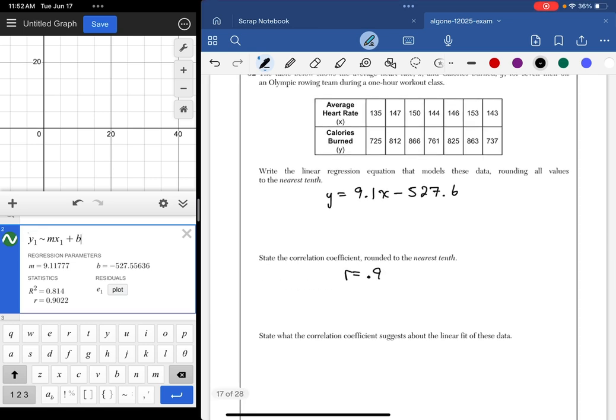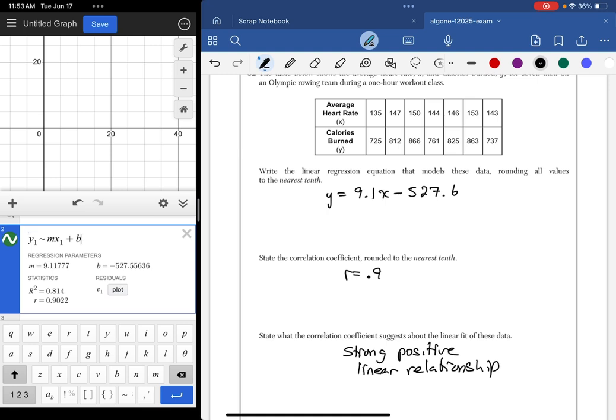Then they want us to make a statement about what this tells us about the relationship between the two variables. We would say that there is a strong positive linear relationship, and we would tell it between what and what?